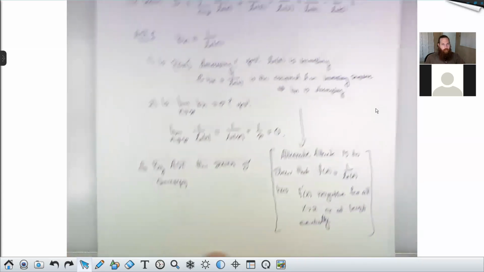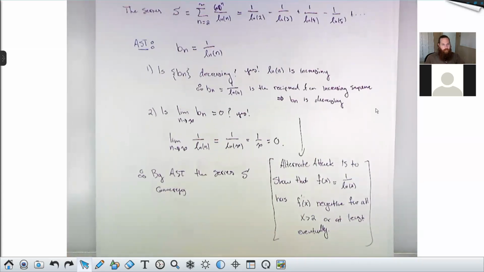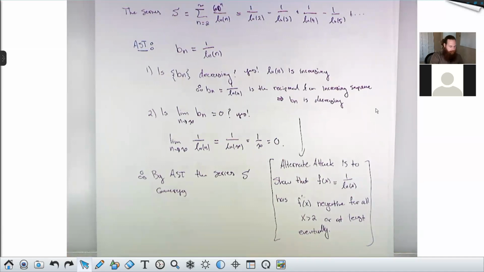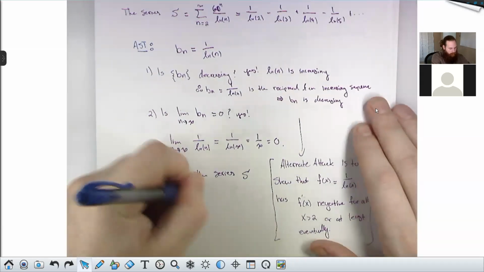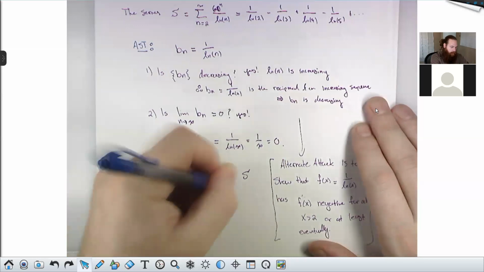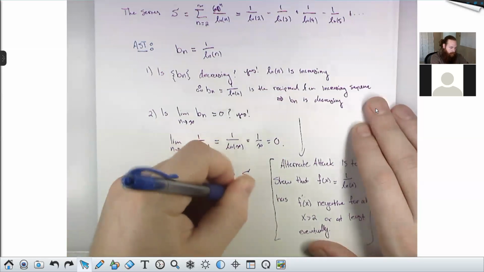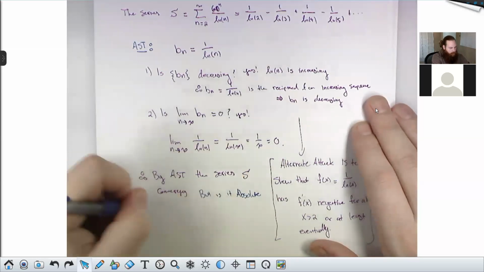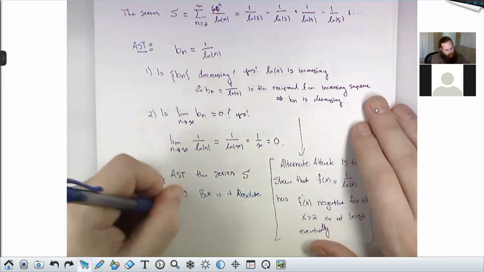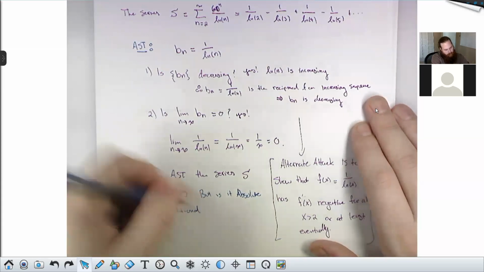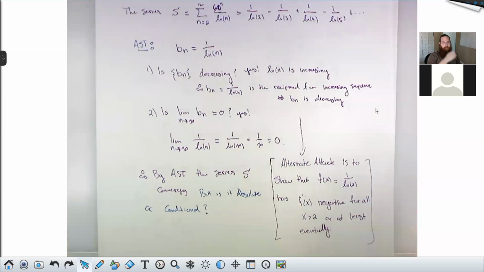How do I determine whether this convergence is absolute or conditional? That's the question. So S does converge, but is the convergence absolute or conditional?